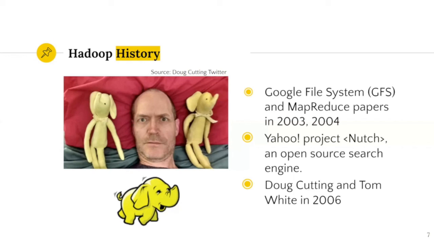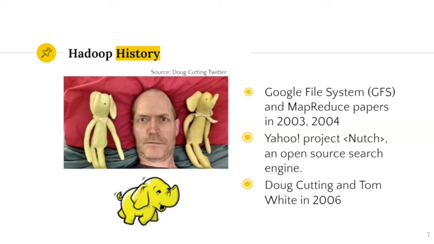So Hadoop started from an open source search engine project called Nutch, led by Yahoo. The guys named Doug Cutting and Tom White are the ones that drove this Hadoop project primarily. And on the side, the name Hadoop actually came from the name of Doug Cutting's kid's toy elephant.